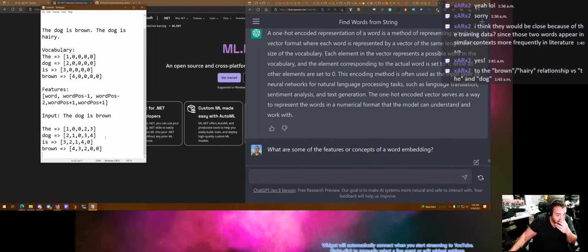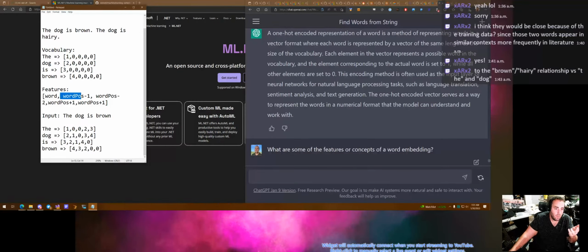So I think this is right based on what I'm understanding. So this is what a word embedding looks like in the context of this vocabulary with this set of features. The first element in the vector is the word itself, which we're saying in our vocabulary is like this, with all of our features.